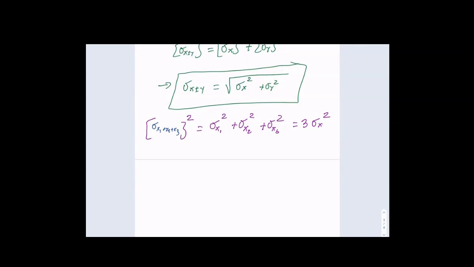And therefore, my answer for the standard deviation of x1 plus x2 plus x3 is equal to the square root of 3 standard deviation of x squared.